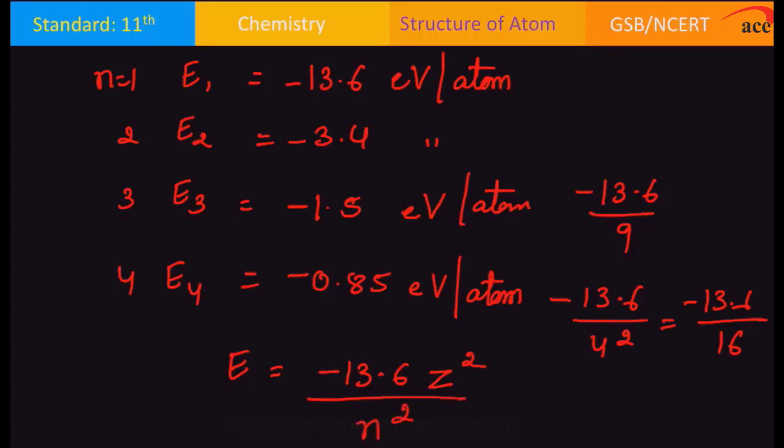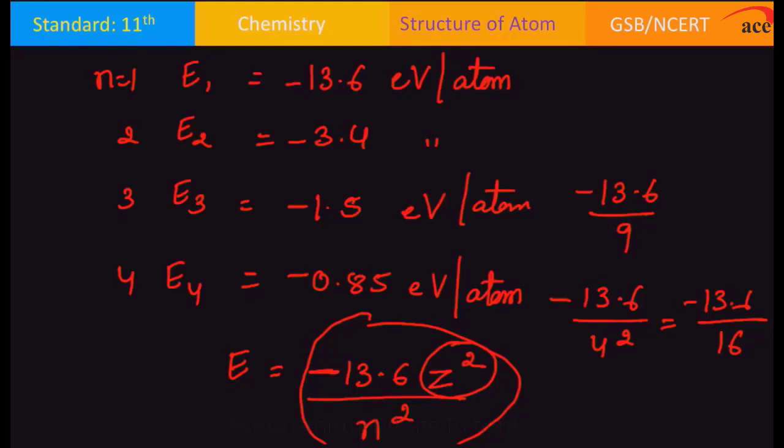In this particular formula, if you notice, as atomic number increases, this entire answer will increase, but with the negative sign, it means ultimately energy will decrease. I hope I'm clear with this.